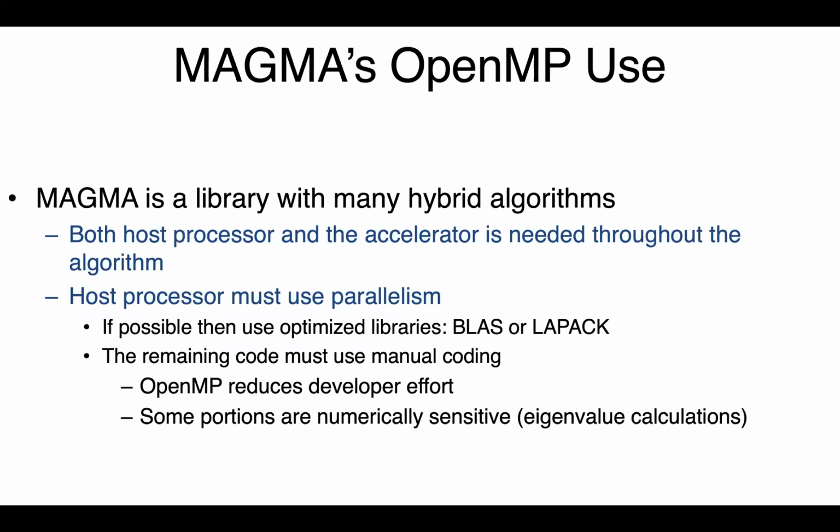So moving on to another library that was also developed primarily for GPUs, the MAGMA library. The MAGMA library is actually not just a GPU library. It has a lot of hybrid algorithms. What that means for MAGMA is that both the host processor and the accelerator are engaged throughout the algorithm and have to remain efficient.